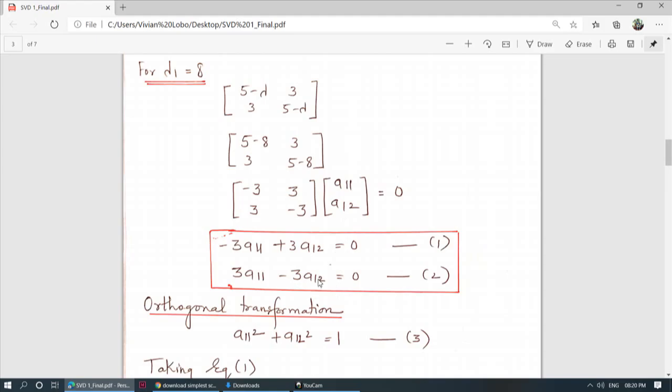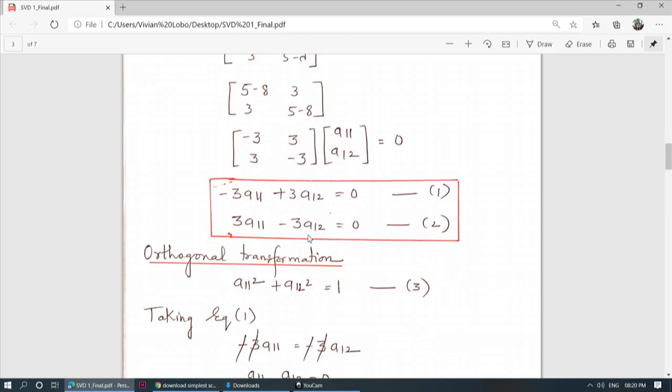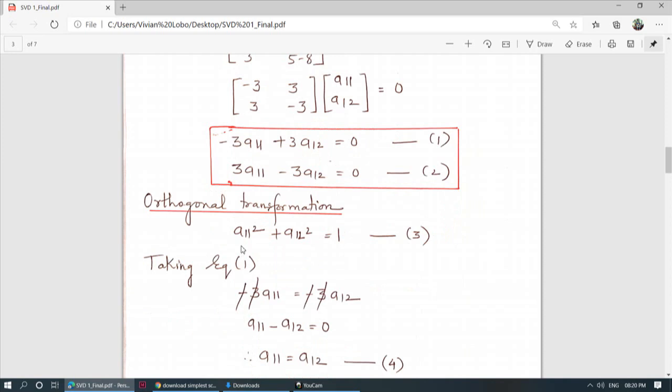Now these two equations can be solved simultaneously, but as we have seen in principal component analysis, by orthogonal transformation, A11 square plus A12 square is equal to 1. So what we are doing in this case is, I am taking the first equation and taking 3A12 to the other side, so it becomes minus 3A12, and I am cancelling the minus sign and the 3.